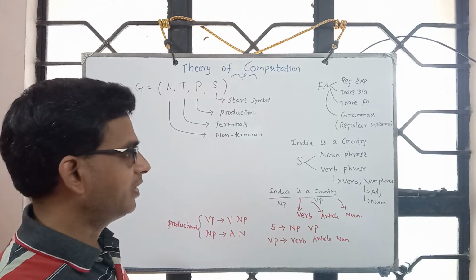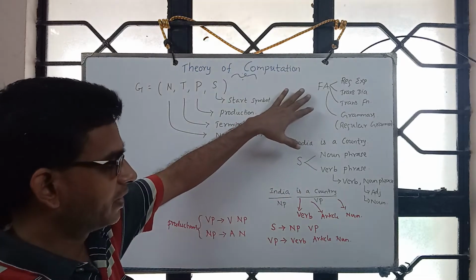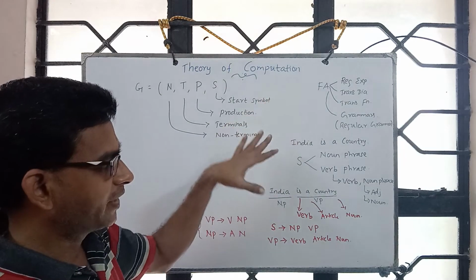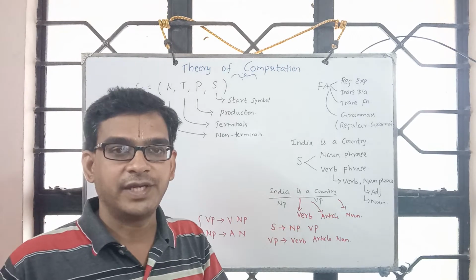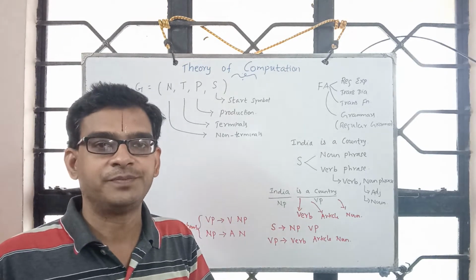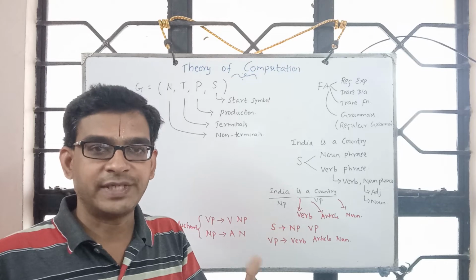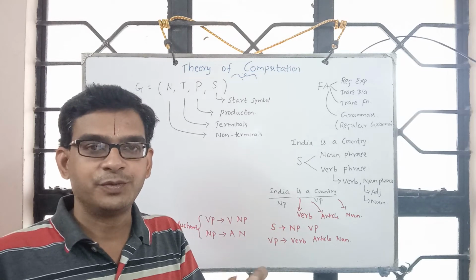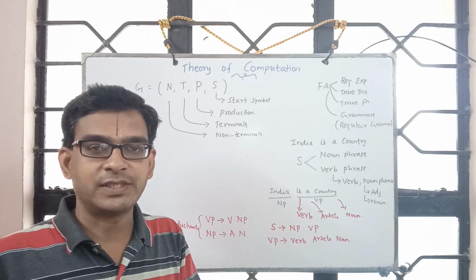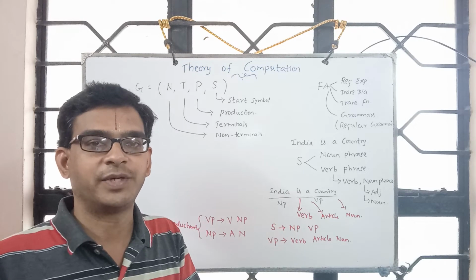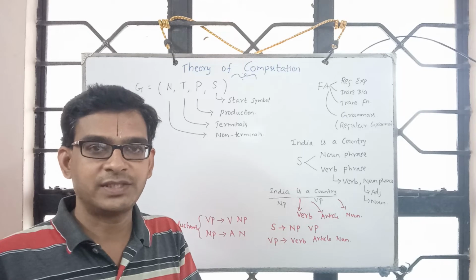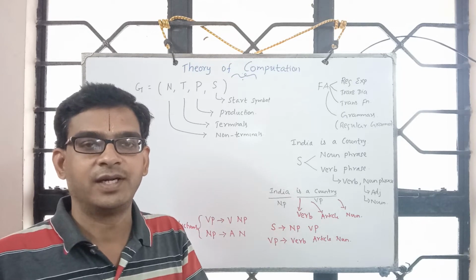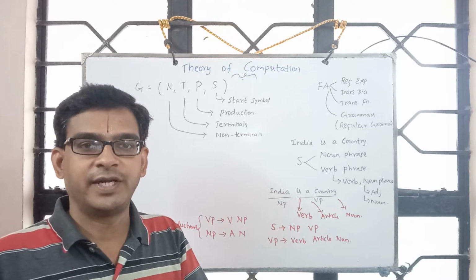On the similar line, we have a language called regular language accepted by finite automaton. Can we define grammars? Can we say this is how the strings are formed? Just like how sentences are framed using words, can we say how strings are formed? Can we come up with the production rules that will say if you follow this, this string will be generated, and such a string is part of the language.